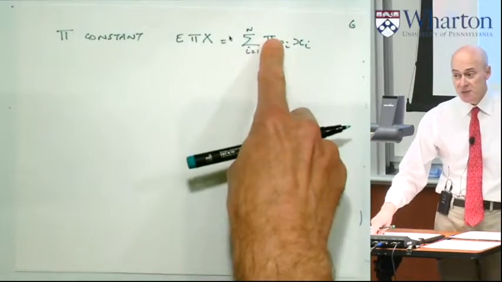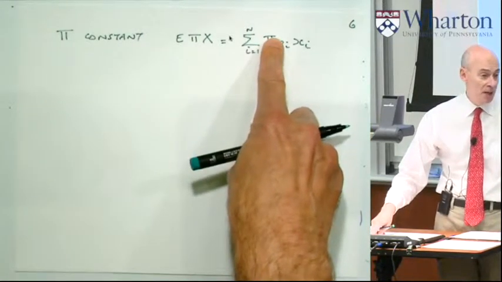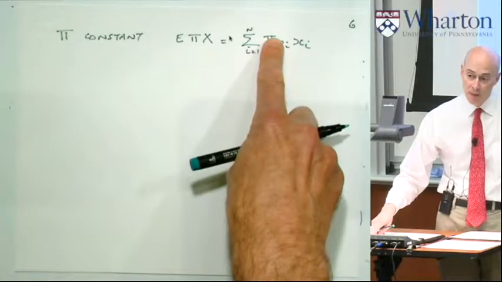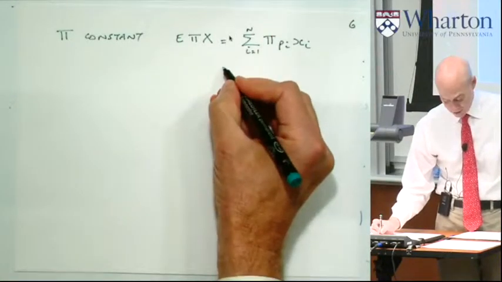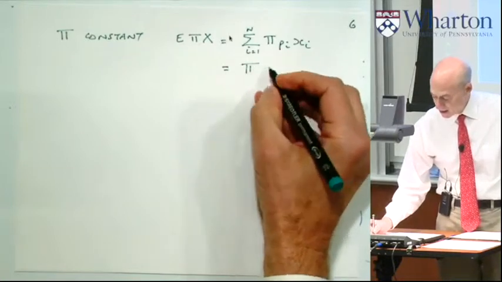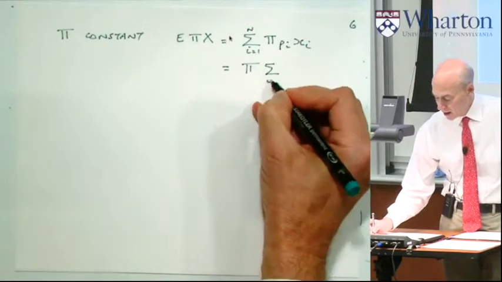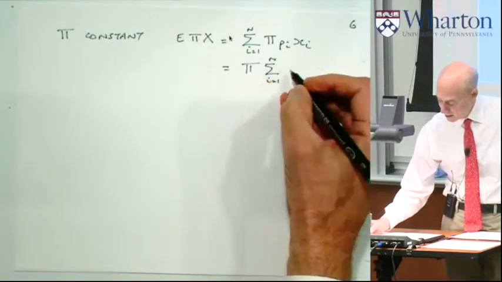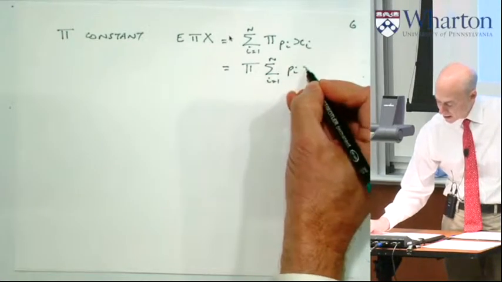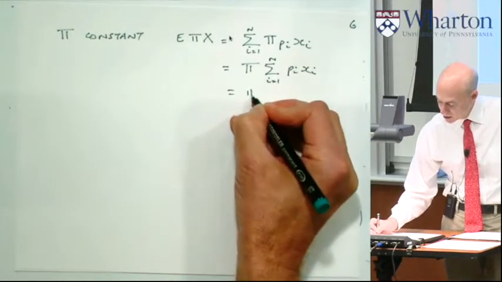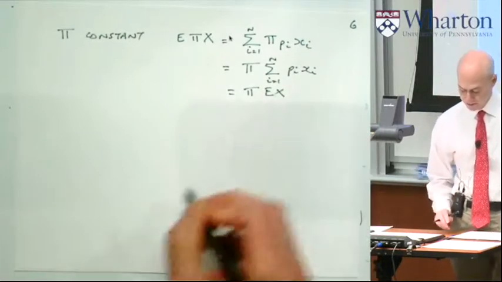Since pi is a constant, what can we do with regard to the summation? We can take it out. So we can write that as pi sigma i equals 1 to n pi xi, or in other words, pi EX.